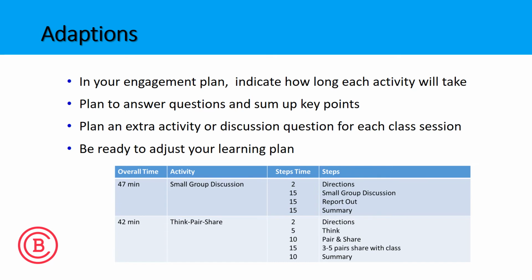Plan a few minutes at the end of class to answer any questions and sum up key points. Plan an extra activity or discussion question in case you have time left. Your contractual time is that you meet till the end of the class period. Be ready to adjust your engagement plan to students' needs and focus on what seems to be more productive rather than sticking to your original plan.